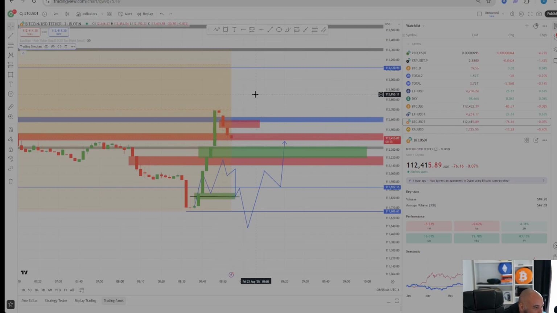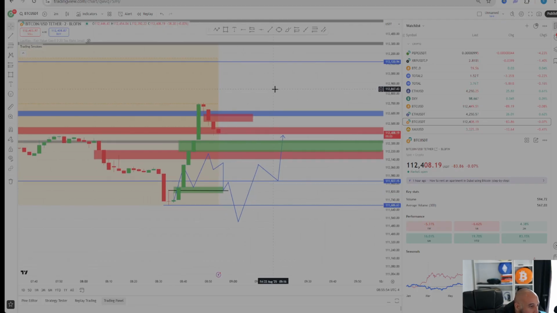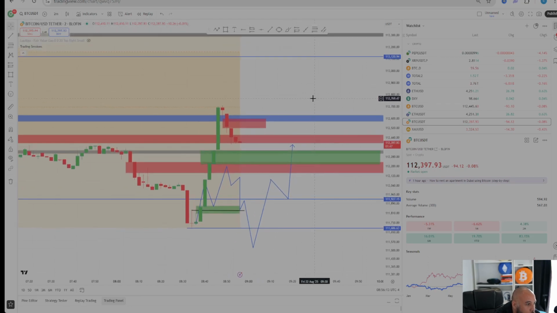I actually had a phone call, and I was like, you know what? They're gonna bring it back down, and I feel like as we come into New York session time, that's when also they're gonna give it a big push. But I feel like I shorted a little bit too late, so I'm not gonna be too greedy. It's rejecting these fair value gaps, which is good. Let's see how it plays out with this bullish fair value gap, and we take it from there.